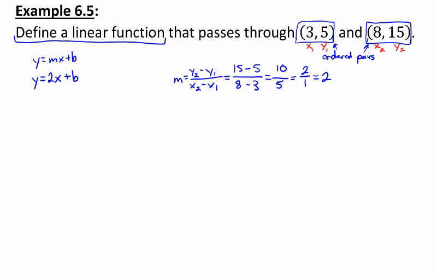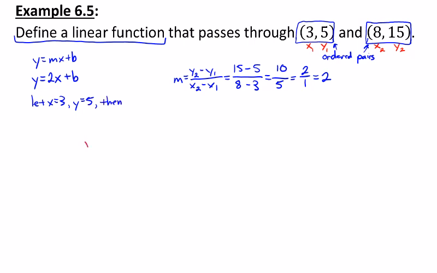Now I can come over to my equation and write it as y equals 2x plus b. I still don't know the value of b. However, I can use one of the ordered pairs that I'm given as a solution to the equation. Since both of these points have to be part of the equation, they must satisfy it. So I'm going to pick the first point and let x be 3 and let y be equal to 5.